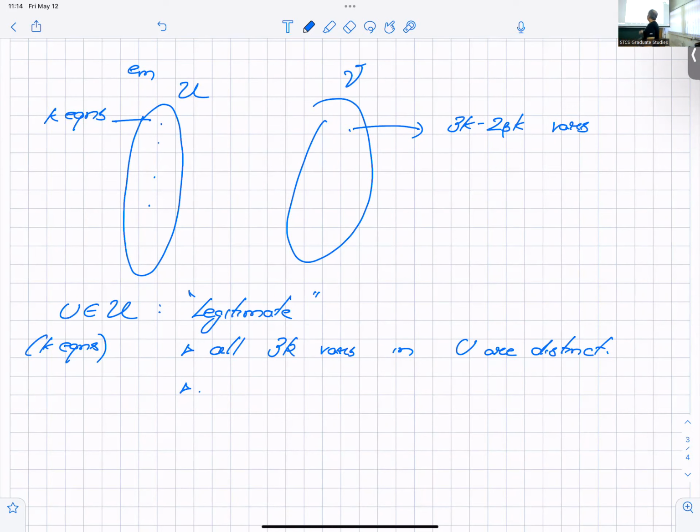I want to say there is no U in which i appears in one of the equations and j appears in another. It could appear if I just pick this very equation ijk, but otherwise it cannot appear. If j appears in one of them, i should not appear in this one.